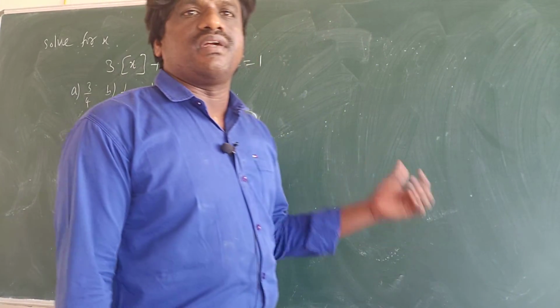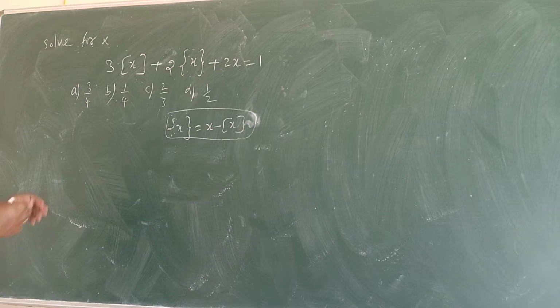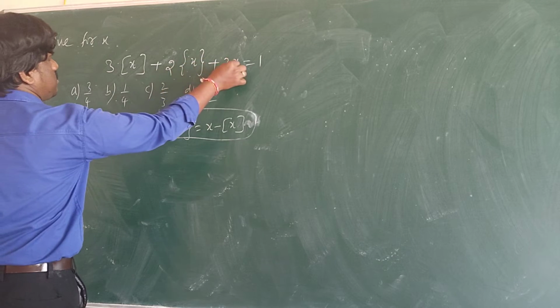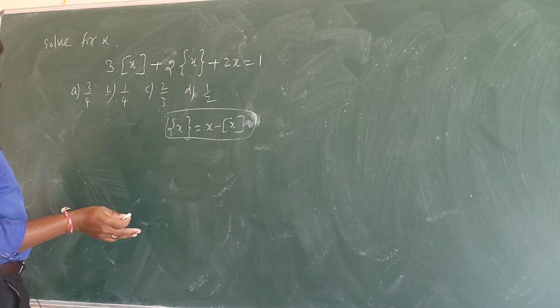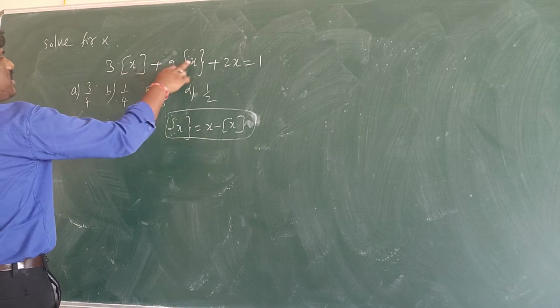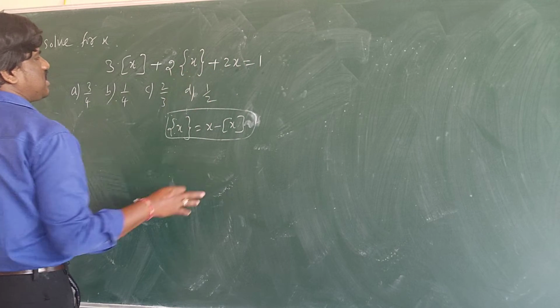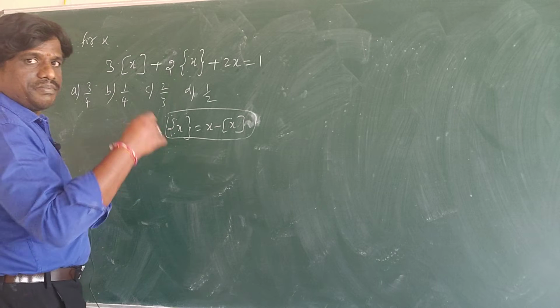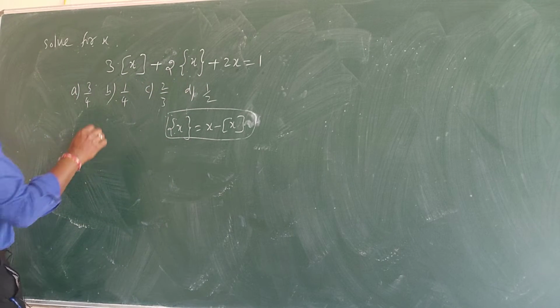See here, we will convert into the fractional part, that will be easy. And another, easier way is to substitute 3/4 here, substitute 1/4 here, and check which option is giving the answer 1. That is the easiest way, I will explain at the end, but method wise I am doing it.